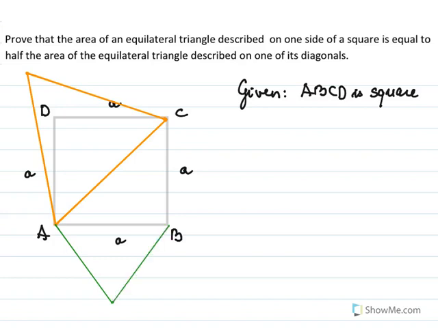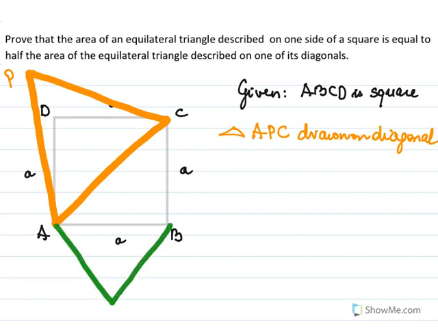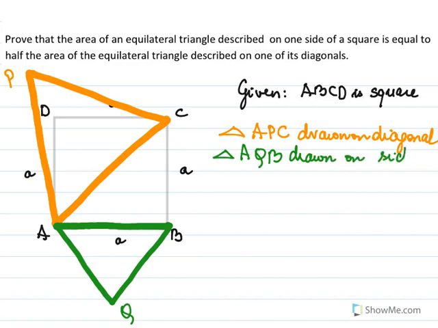Let's write that. So we have now AC, say this is P, so a triangle APC drawn on diagonal, and here we'll name this point as Q, so triangle AQB is drawn on side.